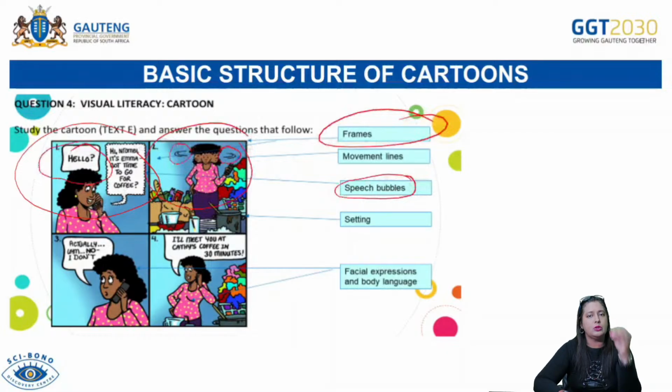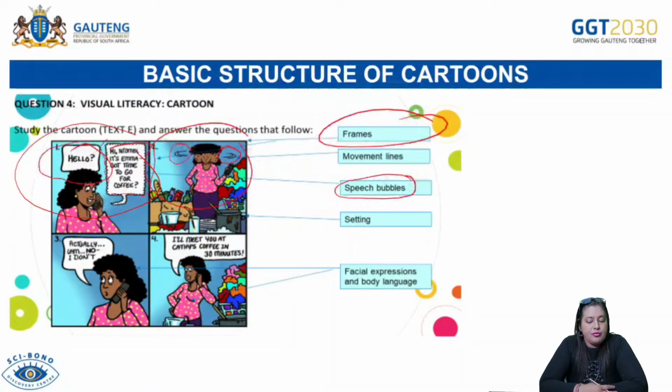So it's the actual words of the character. Then where you've got that almost cloud-like structure, that is the thought bubble. In other words, it's the thoughts of the character. It's not the spoken words.